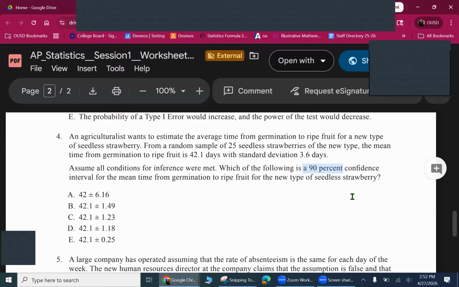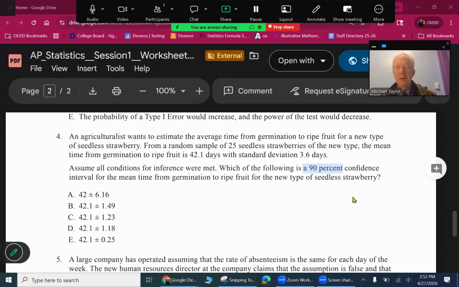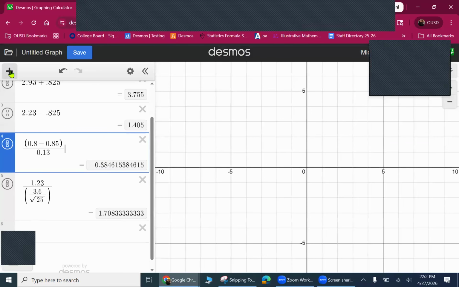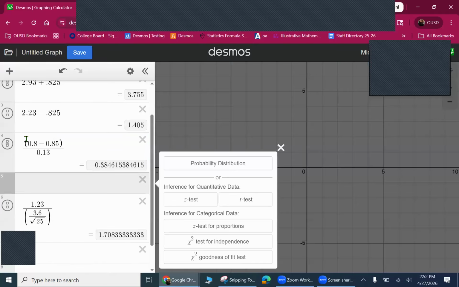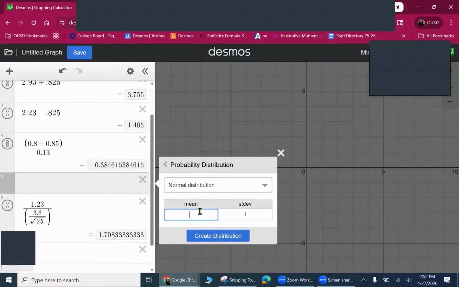I'm going to quickly see if I can figure out how to do this with Desmos, just in case I need to remember how to do a 90% confidence interval. I don't know if I can do it. This is dangerous. I haven't tried this yet. No, inference, probability distribution, z-score, 0, 1. This is our standard table.